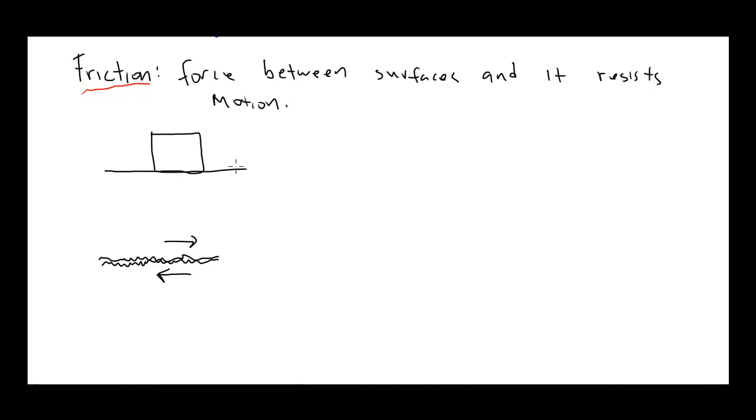So maybe in this problem you're pulling the block this way with some force P. And now what I'm saying to you is that there's a frictional force backwards here, friction.